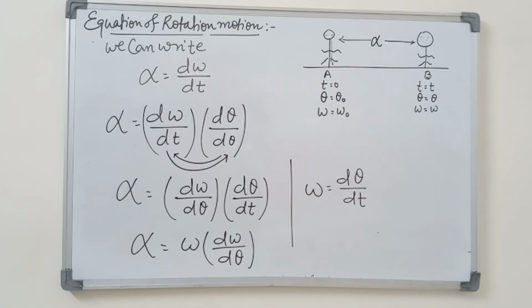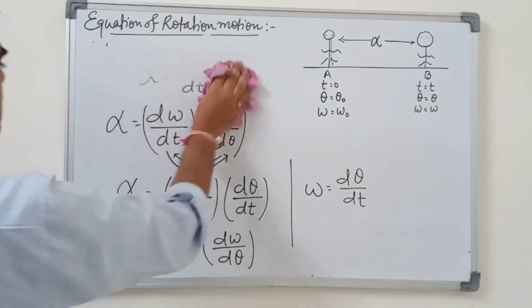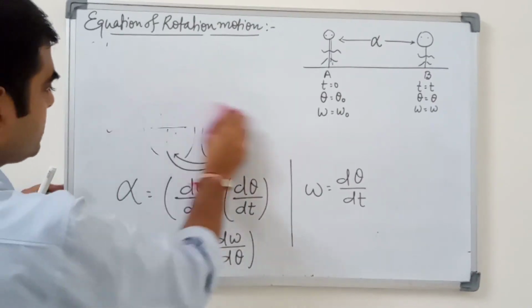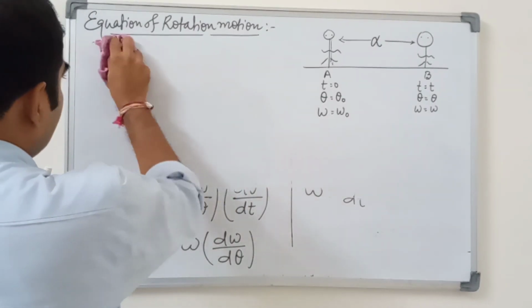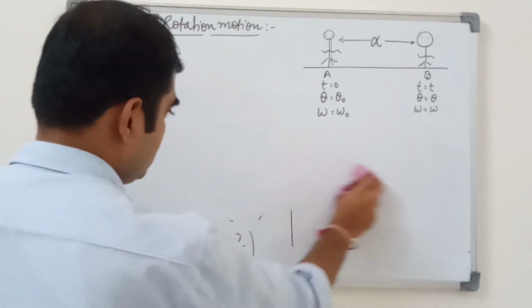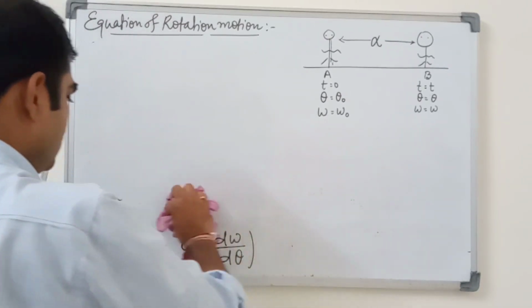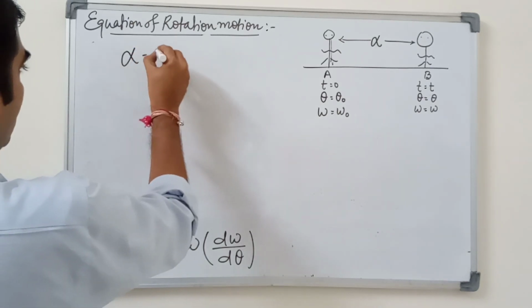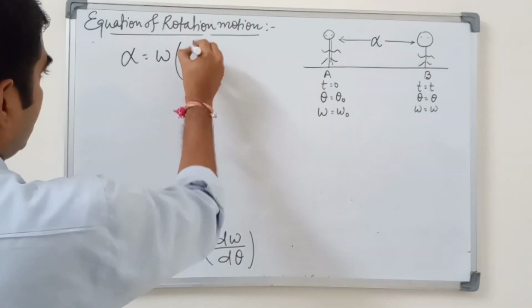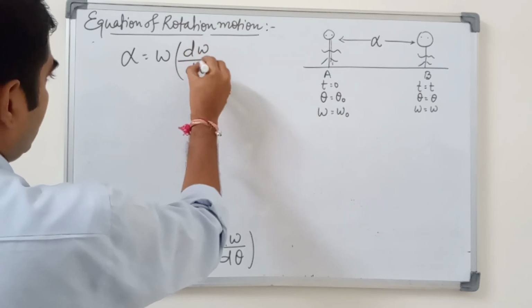Next step: alpha is equal to omega d omega upon d theta.